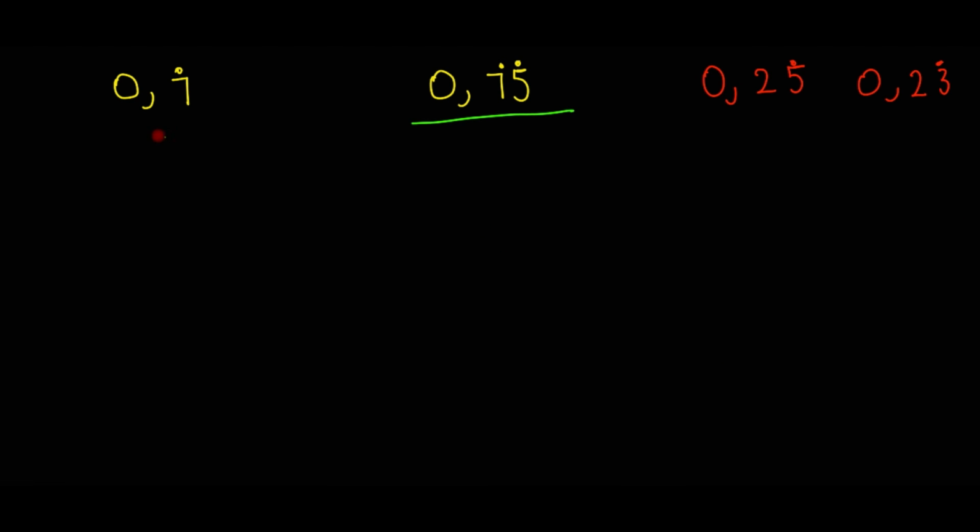Just for summary, let's say we have 0.7 repeating, and then let's say we have 0.75 repeating, and then another one, let's say 0.25 repeating, and then let's say 0.23 repeating. If you look at these first two examples, you can see that after a decimal, meaning after your comma, we have a dot on a number. So it means we must repeat this number.